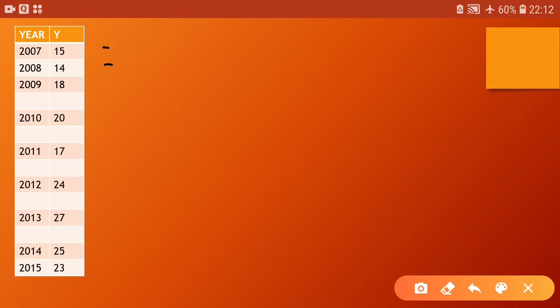In the third year you have to take 18, 2 up, so 15 and 14, and 2 down, 20 and 17.